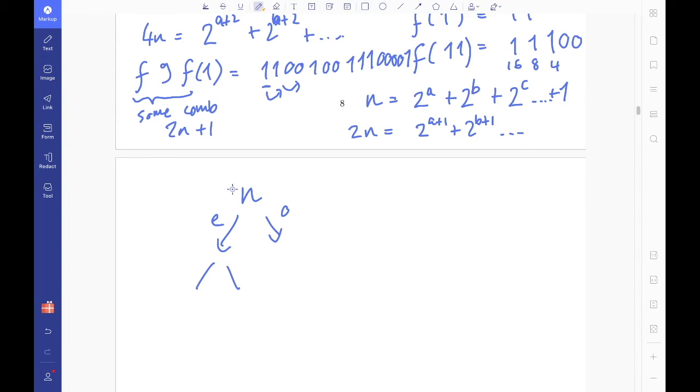So if you start with this n in S, then if it was even, you apply inverse G, and if the number was odd, then you'd have to apply inverse F. There's only one way to go down this branch to eventually end at 1. So it's the same as saying there's only one way from 1 to get to n, because at each point you either have an even or an odd number, and so there's only one option, apply inverse G or inverse F, to get to n.